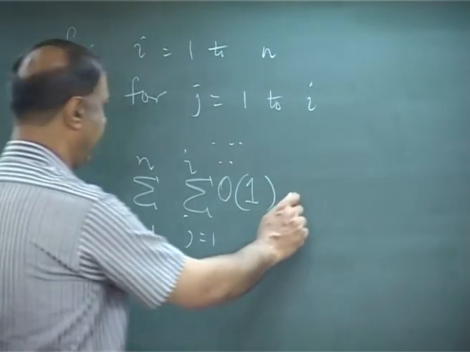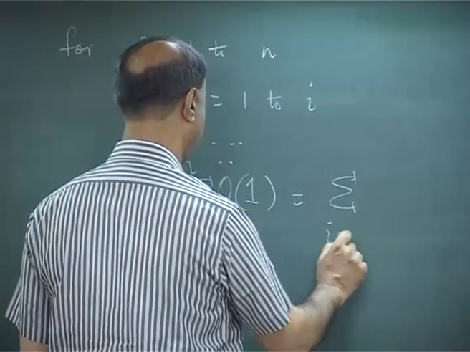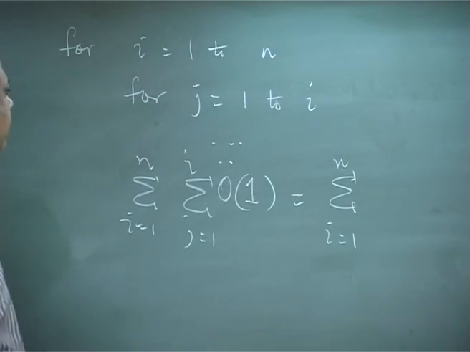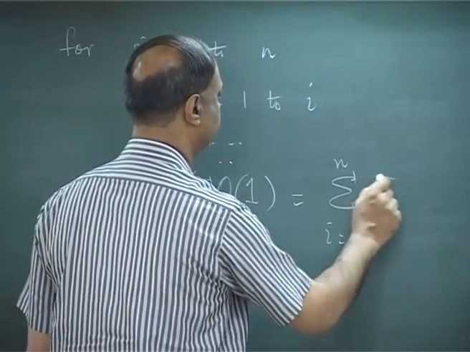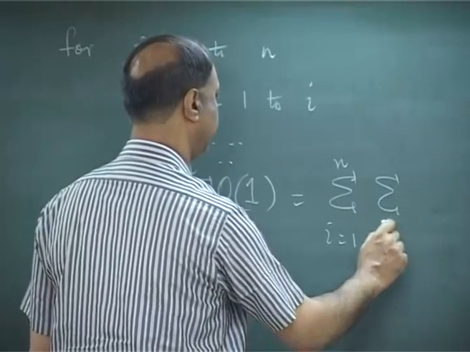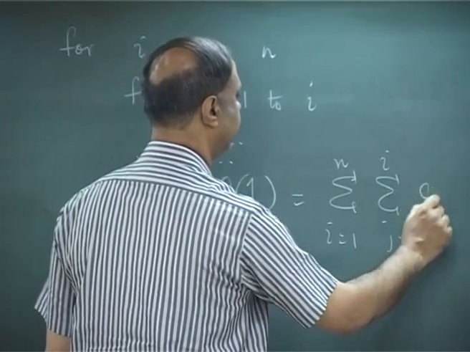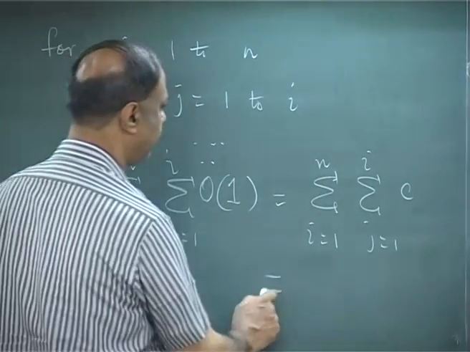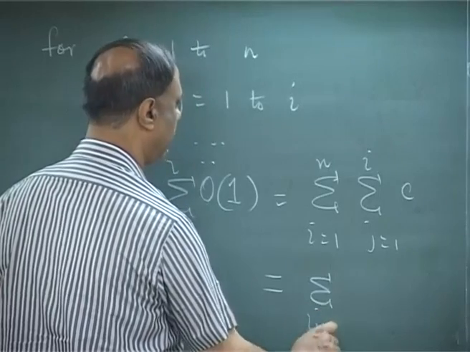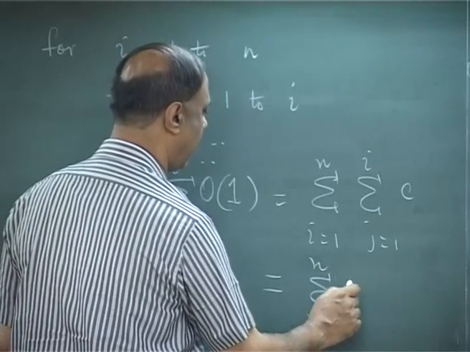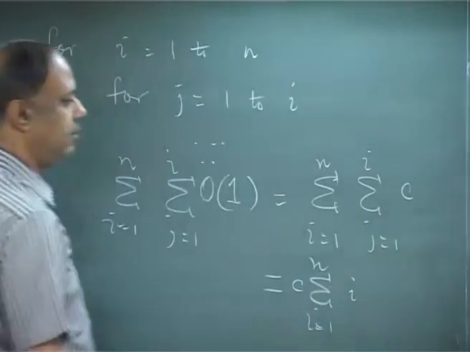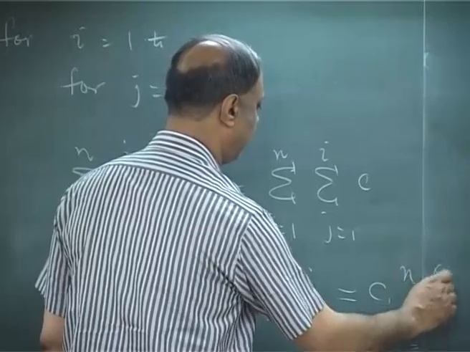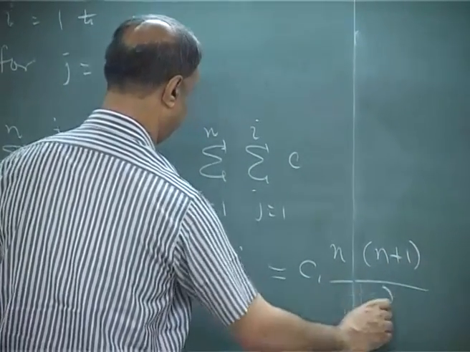So this can be written as summation over i equals to 1 to n, and this becomes summation over j equals to 1 to i, c. C is constant. So this becomes summation over i equals to 1 to n, c into i, and which gives you c into n into n plus 1 divided by 2.